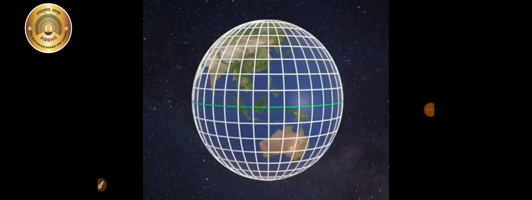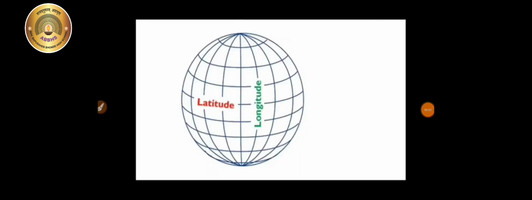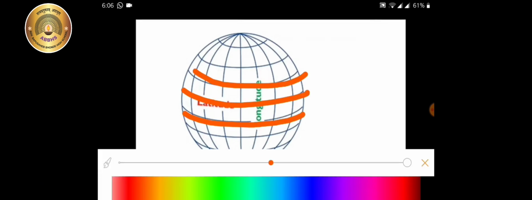Though the earth is huge in size, we can tell the exact location of places on the earth using latitude and longitude. Note that the distance between two adjacent parallels is the same everywhere. But the distance between two adjacent meridians is not the same everywhere.